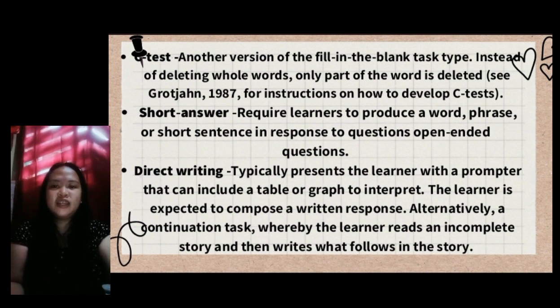Next, we have the directed writing. In a directed writing test, students are given a brief and must produce a piece of written work in accordance with what is asked. So the brief specifies the type of writing required, such as a formal letter, a speech, a newspaper article, something like that.